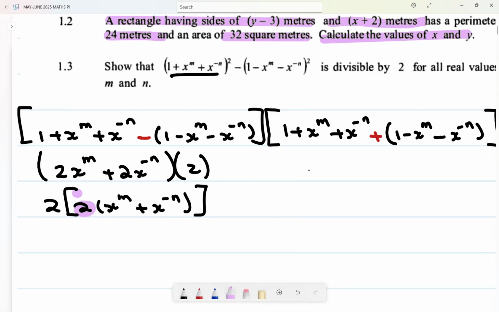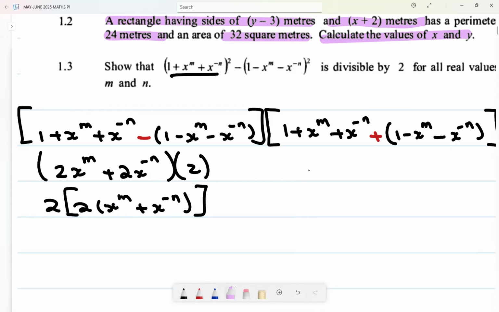Since it is divisible by 2, also this one, I can divide. So I can write this like that. Let me focus on this expression, not that expression alone, basically, because this is going to be important.